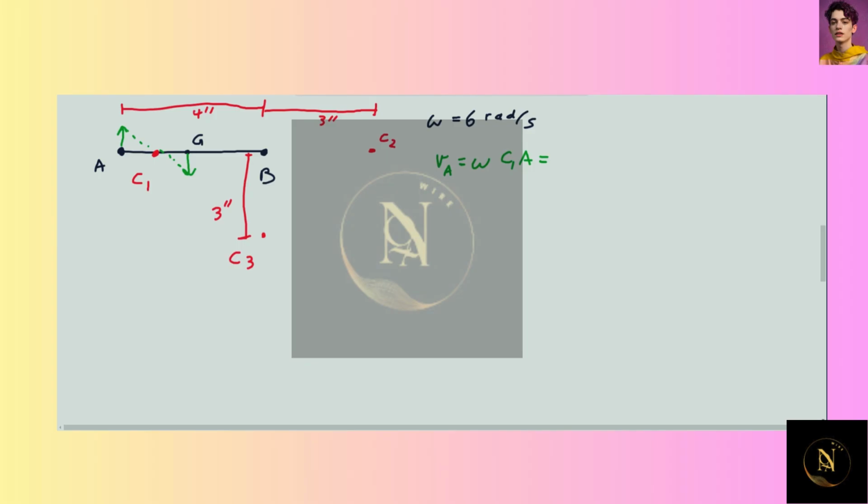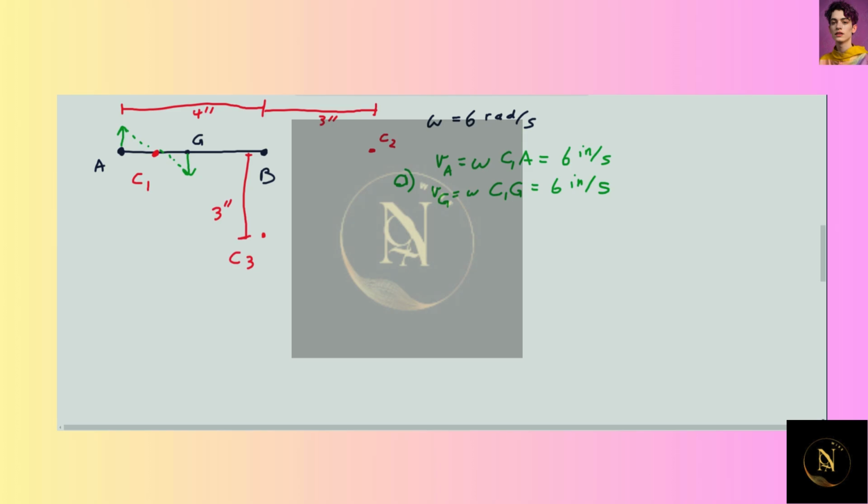So this will times 6 radians per second. So that'll just be 6 inches per second. And we'll get the same thing for G, because G is also 1 inch away. So we get 6 inches per second again. So fairly simple in that case.